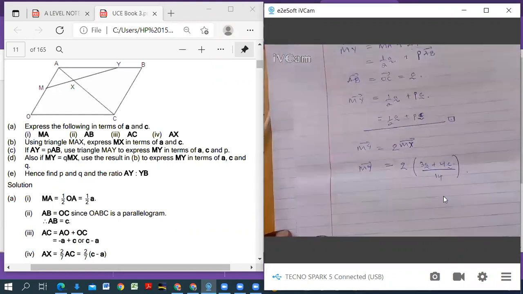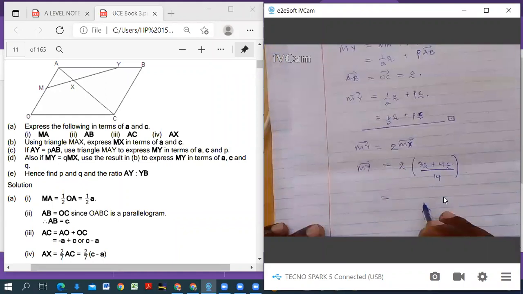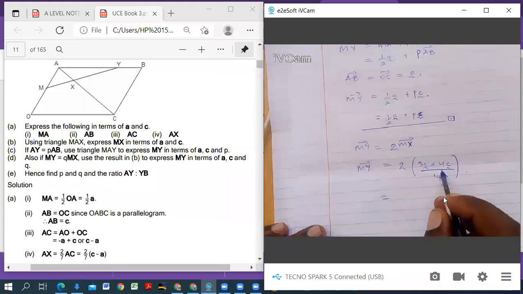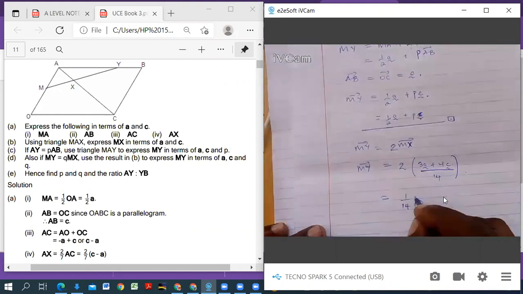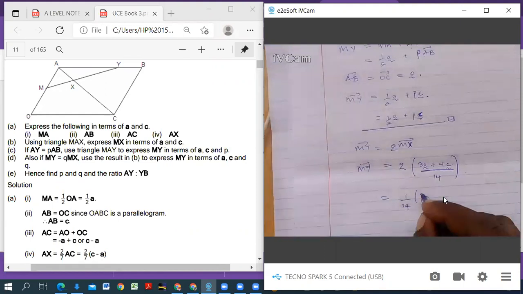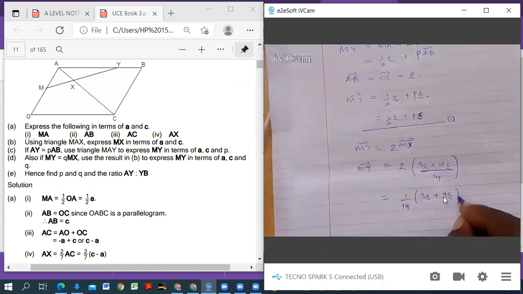Now we are going to open brackets. Remember this one was, if I try to open, should we open brackets? I can put a 1/14 out, isn't it? 1/14 into 3A plus 4C, that's the answer we got last time. Then times Q, isn't it?